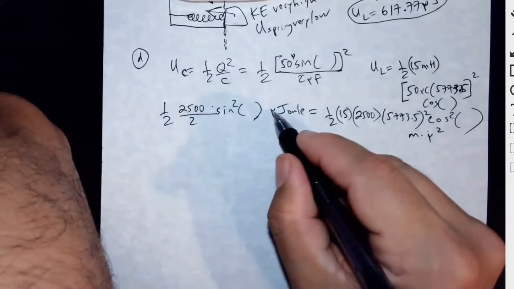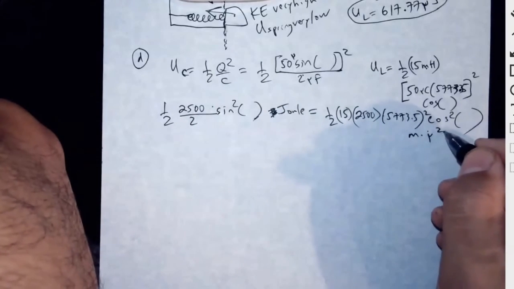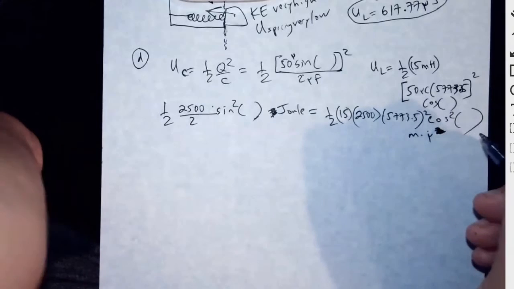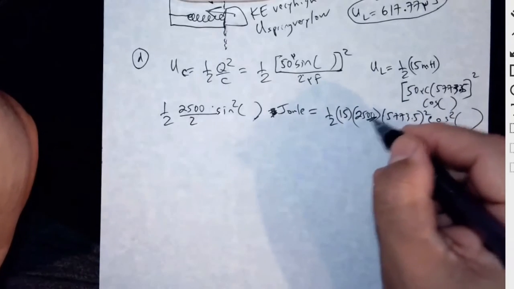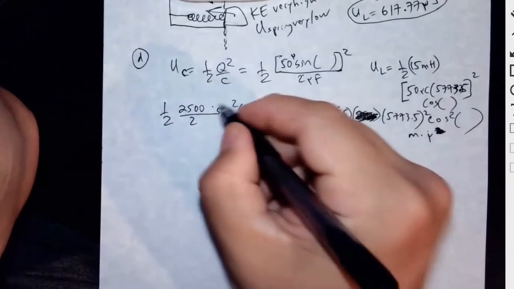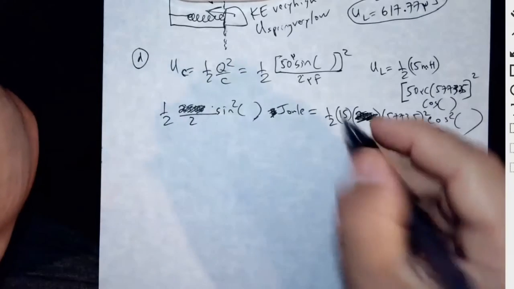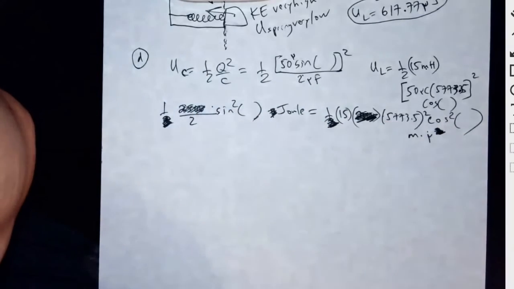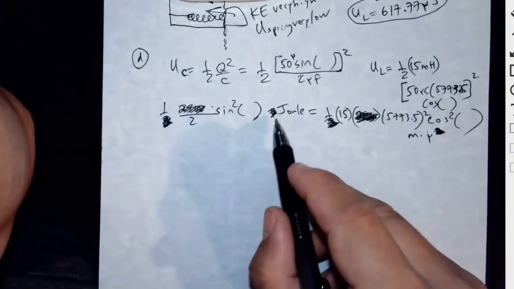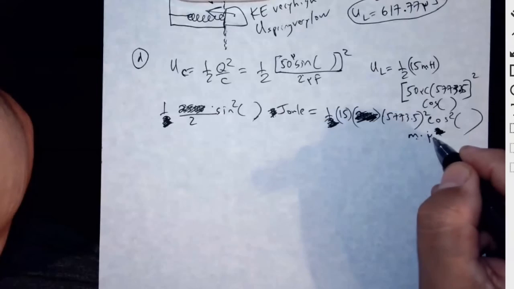Right, so then this micro comes and cancels one of those micros. And then the 2500 cancels, that's good, and then the 2 cancels the 2. Let's see, so the micro cancels the micro squared. Then I have a milli times a micro.